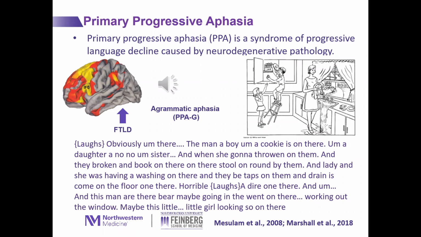Can you tell me what's happening in the picture? Obviously, the man, a boy, and a cookie is on them, and his daughter, a sister, and when she's gonna throw in with them, and they've broken a book on the store, on around one of them.